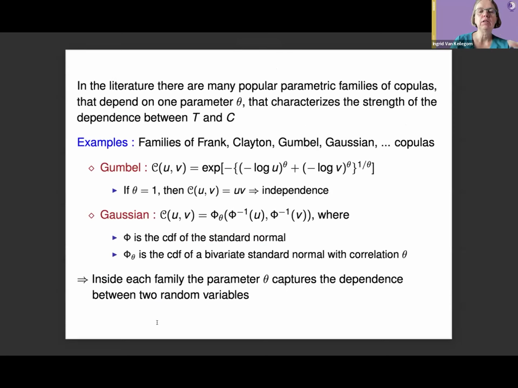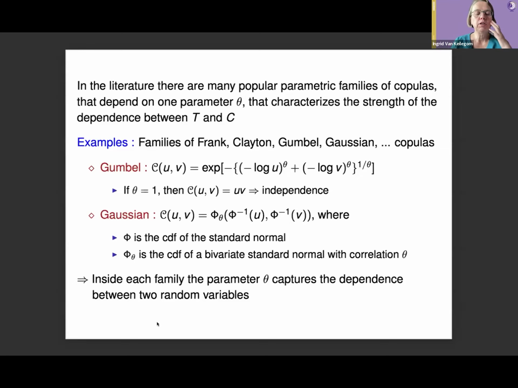And then special cases in these families are, for instance, the Frank, the Clayton, the Gumbel, the Gaussian, etc. And here you see two examples, the Gumbel and the Gaussian, which usually depend on one parameter, let's say theta, and then for a particular choice of that theta parameter, you get back the independence copula. Yeah, so it allows you to model relationships between random variables, which includes as a special case the independence case.